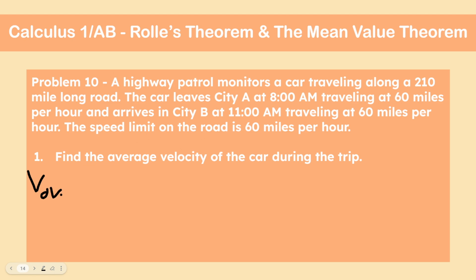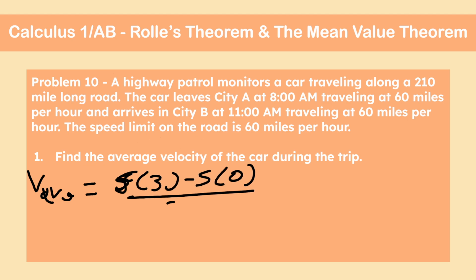So we have V average is equal to S of 3 minus S of 0 over 3 minus 0. The reason I put S is because S will be our position function, and 3 will be how many hours we go from the beginning. So let's say 8 a.m. is when time is equal to 0, and 11 a.m. is when time is equal to 3.